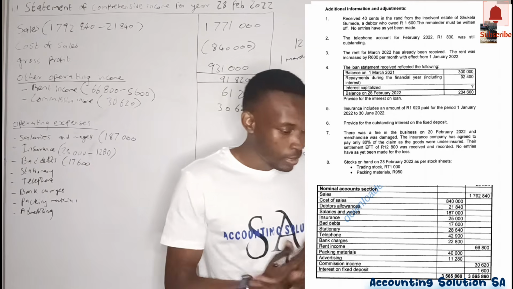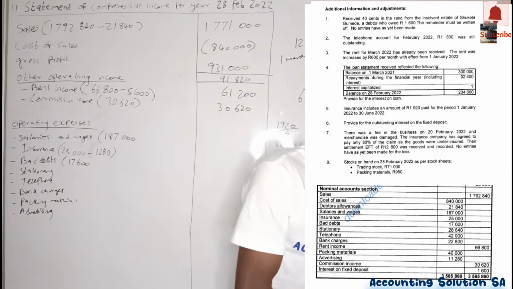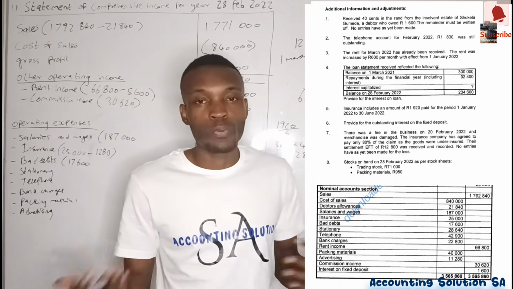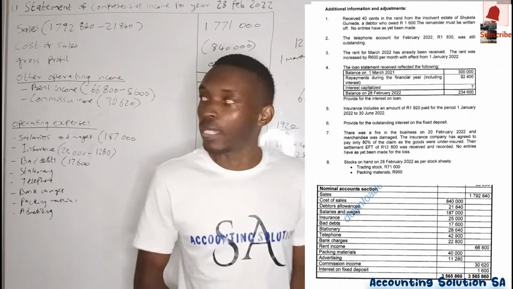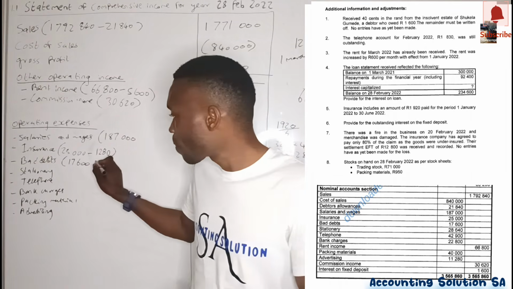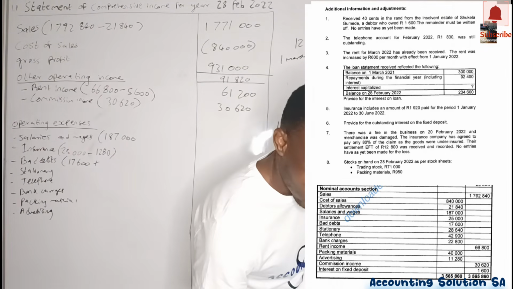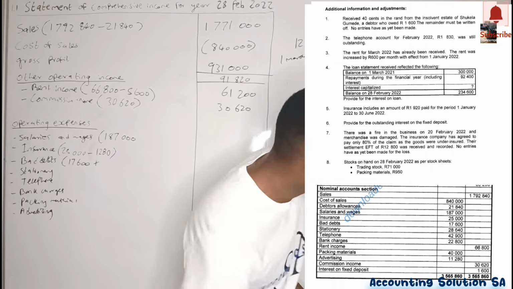Okay, which means that we are going to receive only 40 cents or 40%, and 60% we are going to write off as a bad debt, which means that we are going to add 60% of 1,600.